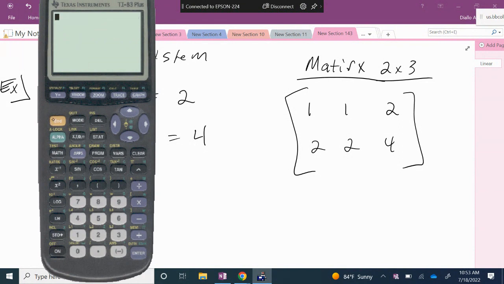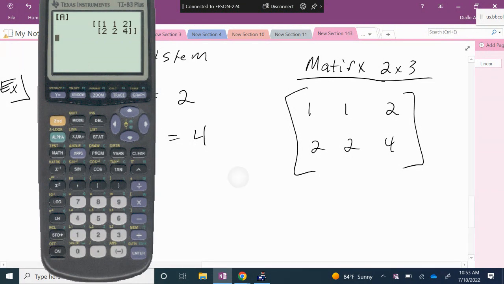Right, and I am going to just check that. So 1, 1, 2, 2, 2, 4. All right, so now I'm going to calculate the solution.